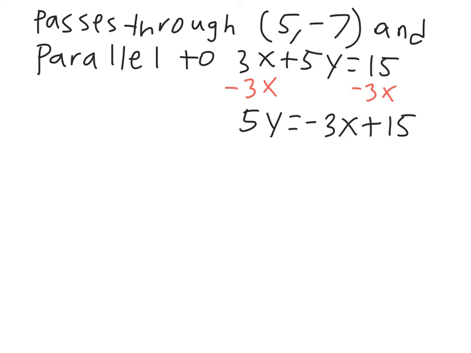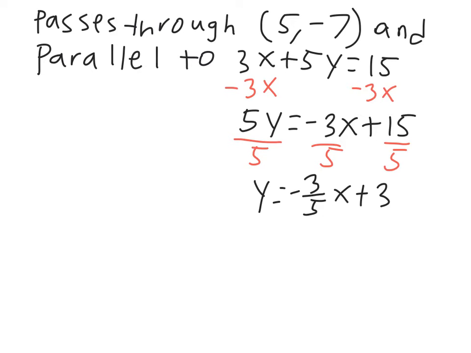Then we divide everything by 5, and that gives us y = -3/5 x + 3.